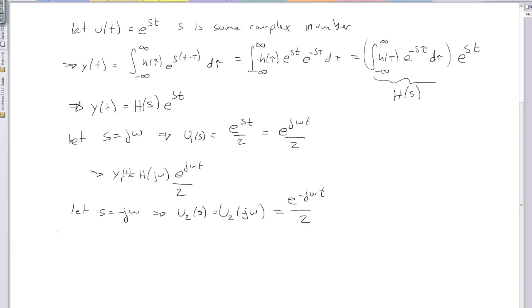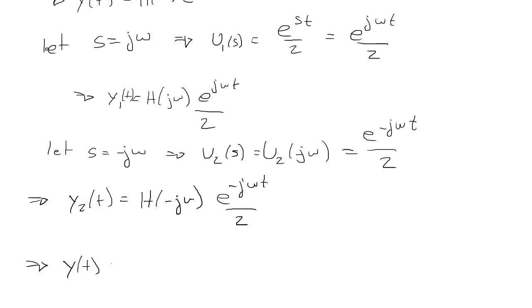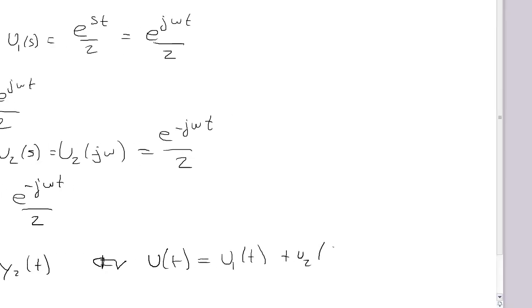And therefore, y2 of t would be h of minus j omega times e to the minus j omega t all over 2. And finally, y of t would equal y1 of t plus y2 of t if u of t were equal to u1 of t plus u2 of t.